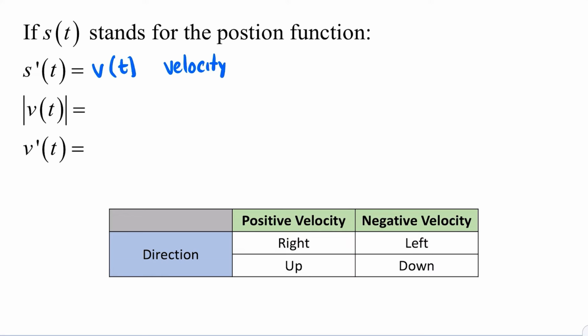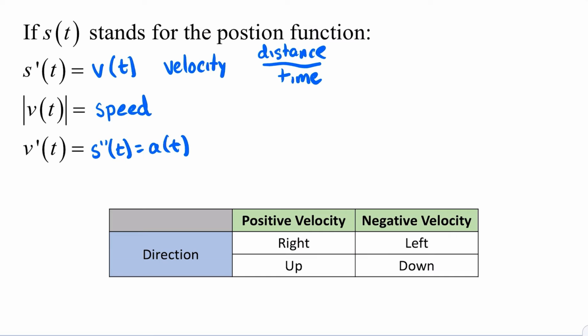And remember, the units on that is going to be some distance over some time unit. The absolute value of velocity is going to be what we call speed. Think of your speedometer. And the derivative of velocity, which remember is the second derivative of position, is going to be our acceleration function.